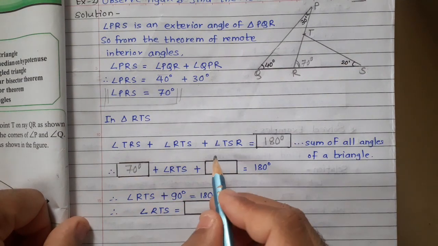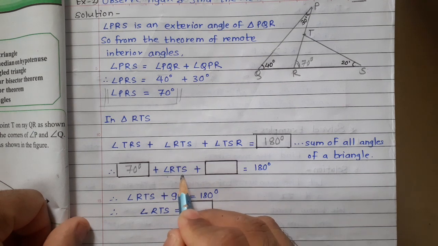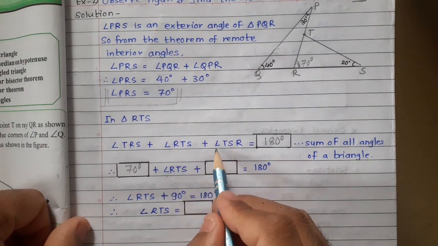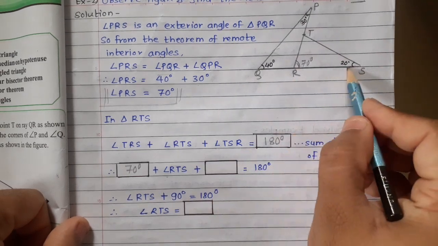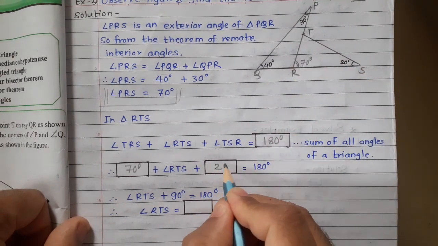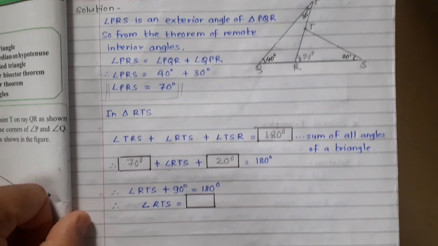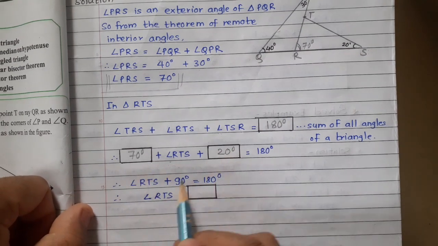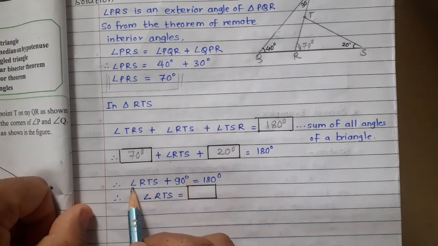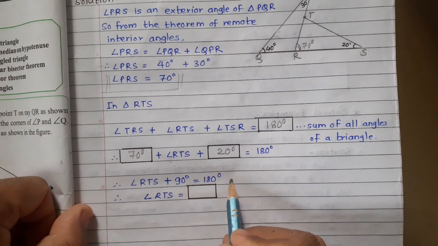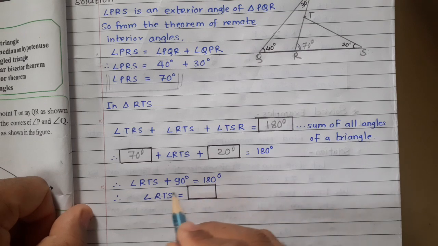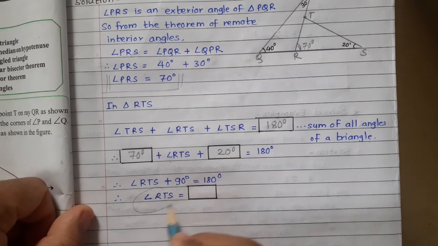So angle TRS is equal to 70 degree plus angle RTS plus, now measure of angle TSR is given 20 degree. So now 70 plus 20, 90 degree. So we are having next step, angle RTS plus 90 degree is equal to 180 degree. Now we have to find the measure of angle RTS.